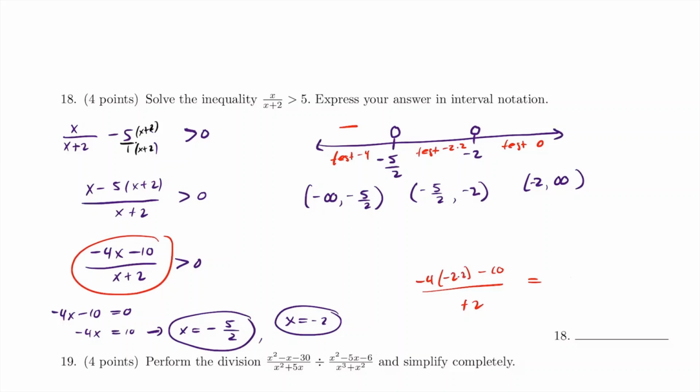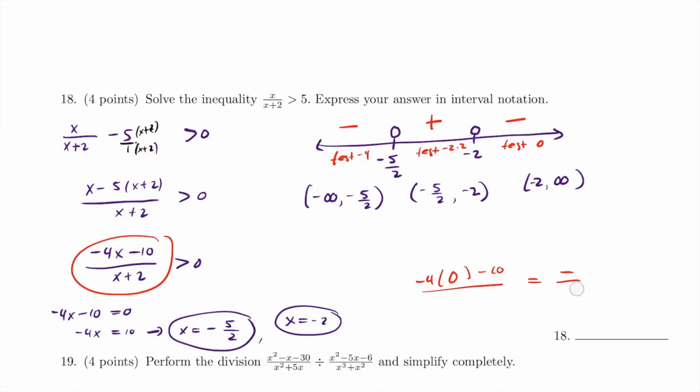This will give us negative on top and negative on the bottom, so the ratio is positive. And when we plug in 0, that's the last interval we're testing, we get 0 here and 0 here, so we see that the top is negative, the bottom is positive, so the ratio is negative.